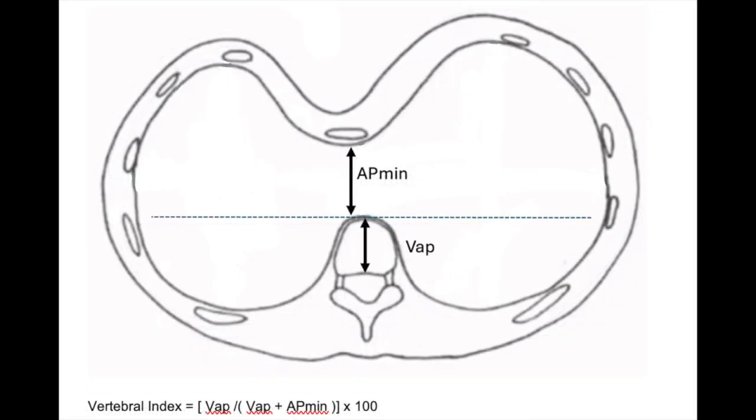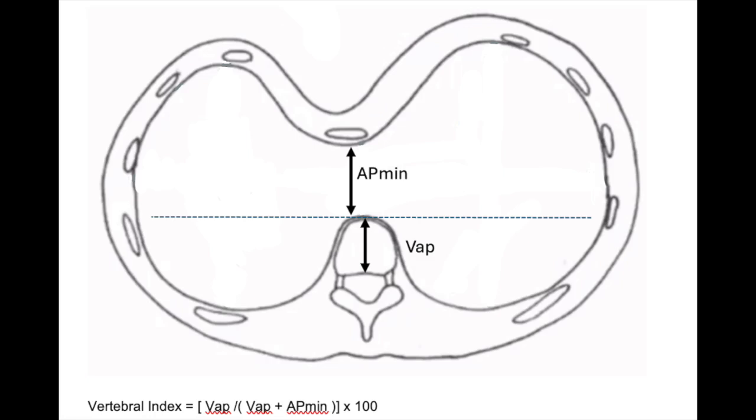Perhaps an even better index than the correction index might be the vertebral index, because some people have very asymmetrical chests, and the most independent of either width or height of the sides of the chest is something called the vertebral index.